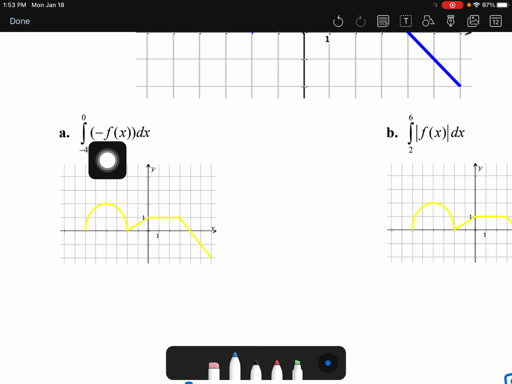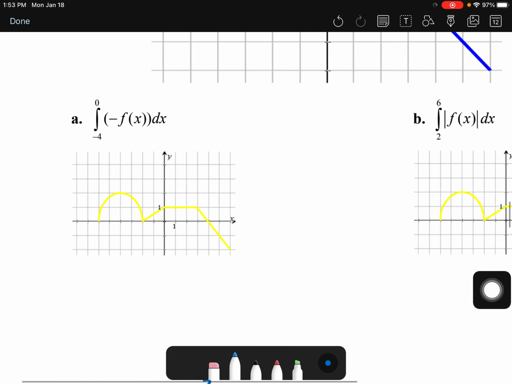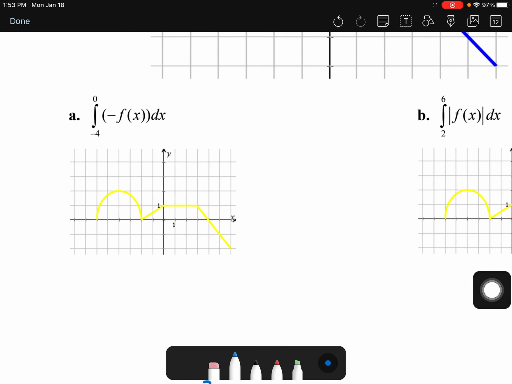Now, if you have a negative in front of the function, what that does to the actual graph is a reflection over the x-axis. So it flips everything over the x-axis. From -4 to 0, which is right here, I'm going to reflect this semicircle.